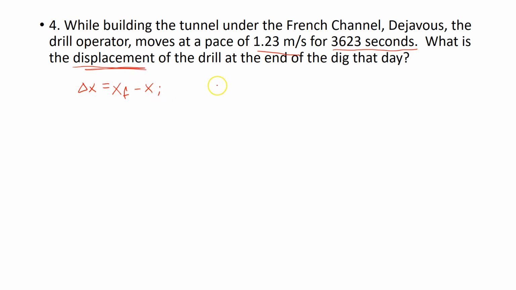So the equation that we've talked about in class for this one is velocity is equal to the change in position over the change in time. So we can use that one, or we can use our standard equation we've been using. XF is equal to the velocity times the change in time plus the initial position. You'll notice that if I move the initial position to the other side, that is XF minus XI, which is the change in position.